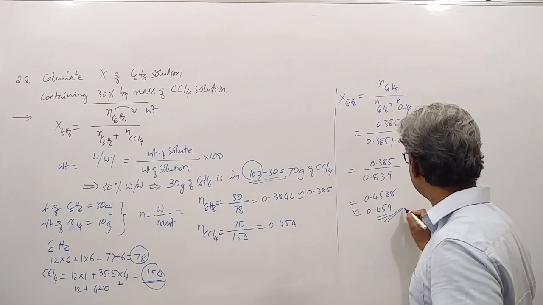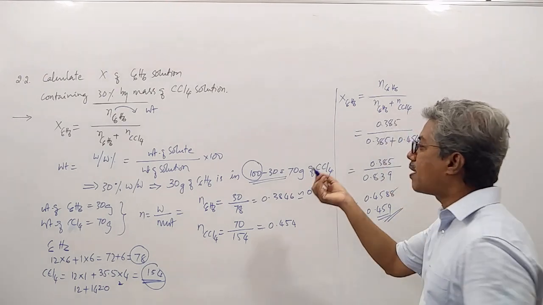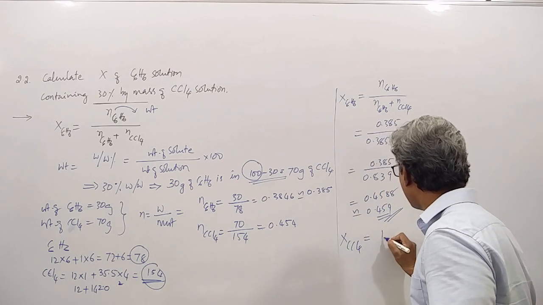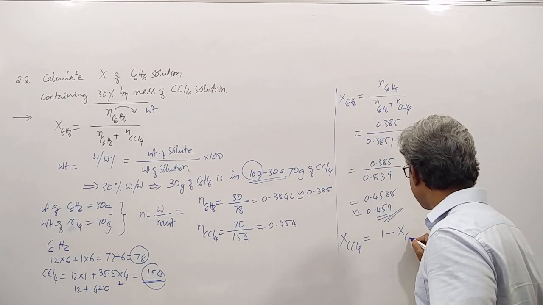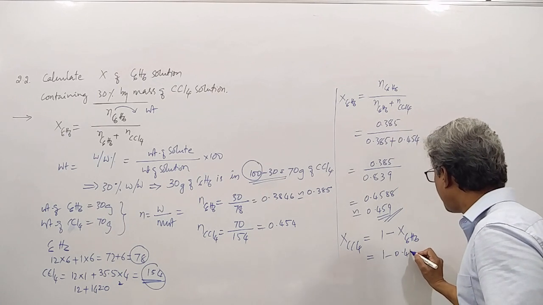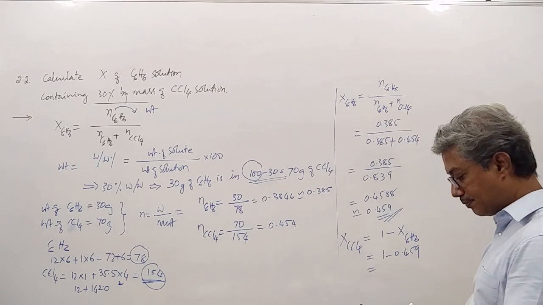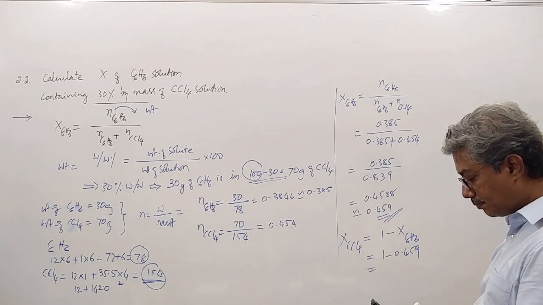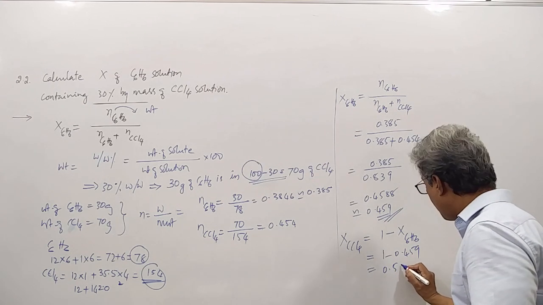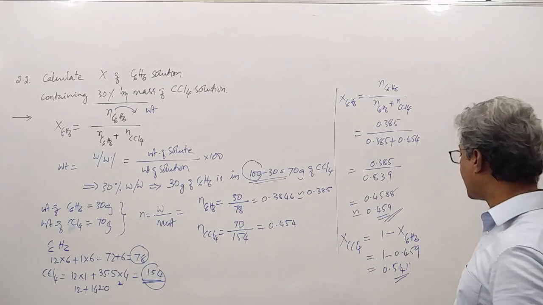It's not necessary, but we can calculate mole fraction of CCl4 as 1 minus mole fraction of C6H6, which is 1 minus 0.459, equal to 0.541.